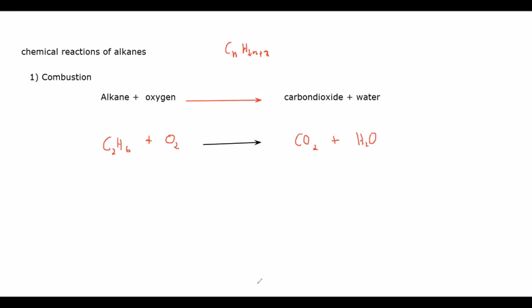The second thing is to balance the equation. First thing is to complete the reaction, like writing the correct products. Second thing is balancing. So how to balance the combustion equation?